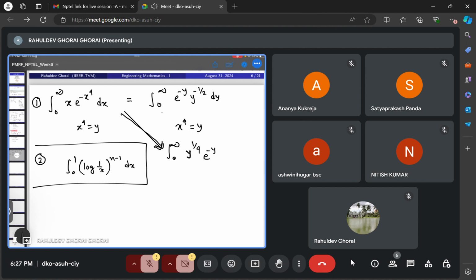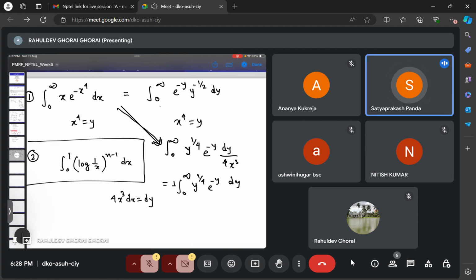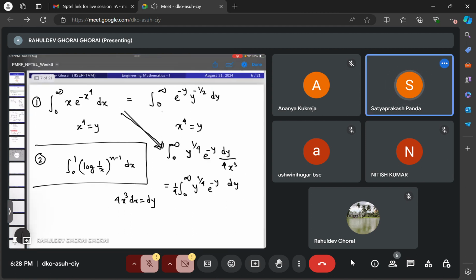Dx will be, from x to the power 4, 4x cube dx will be dy, so dx will be dy over 4x cube. But we have to make sure it is in terms of y, so 0 to infinity, y to the power 1 over 4 e to the power minus y times dy over 4x cube. Sir, yes, now I am getting y to the power minus 1, right?